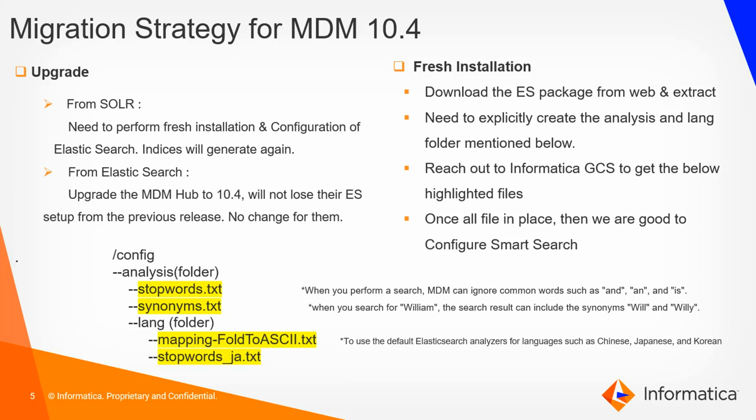Then we need to explicitly create these folders, the analysis folder and the lang folder, manually, and under them place these files: stopword.txt, synonym.txt, mappings one, and the stopwords file. If you are not able to get these files, feel free to reach out to GCS so that we can provide the necessary files. Once all these files are in place, we are good to configure Smart Search with the same setup.